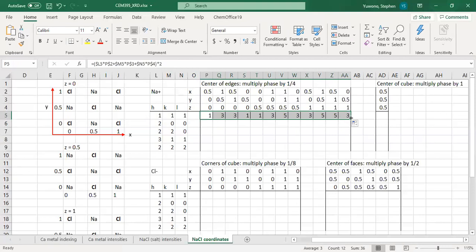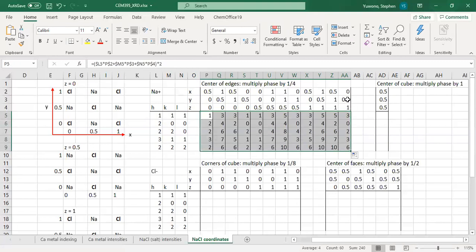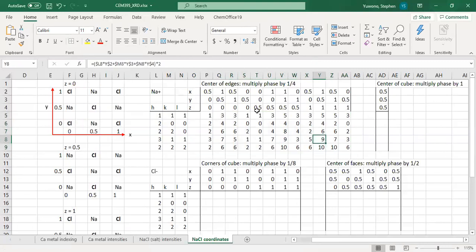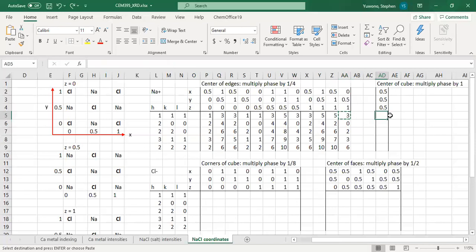All right, so we have that, and let's have it across. And let's not have the border. Oh, that was a mistake. Okay, let's have it this way. And then we do the same thing here.